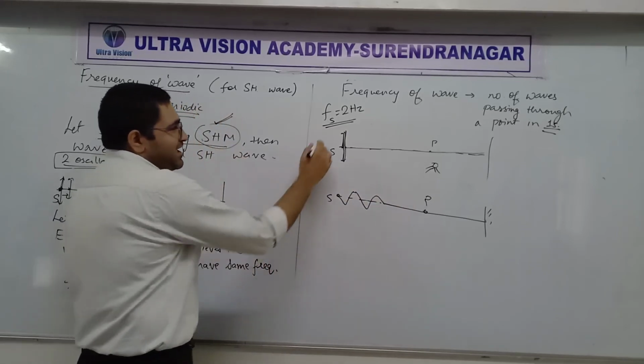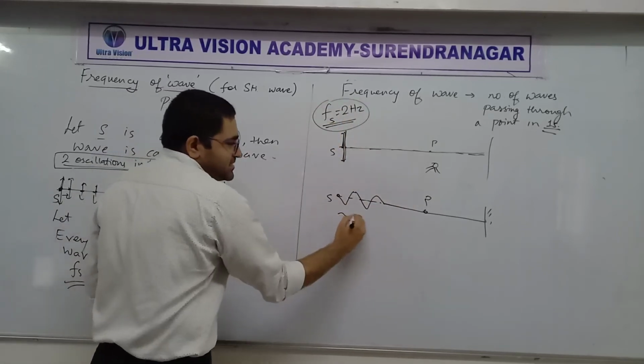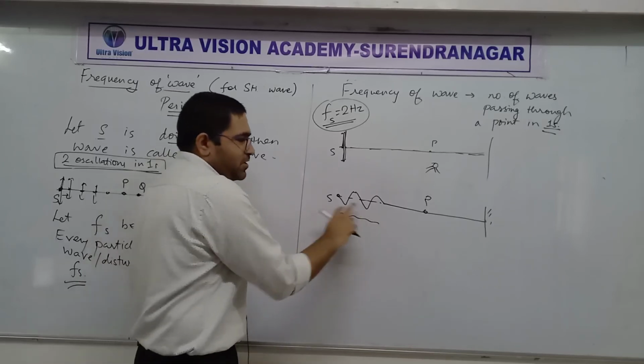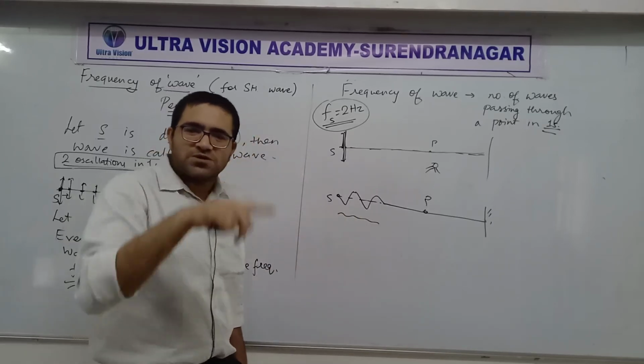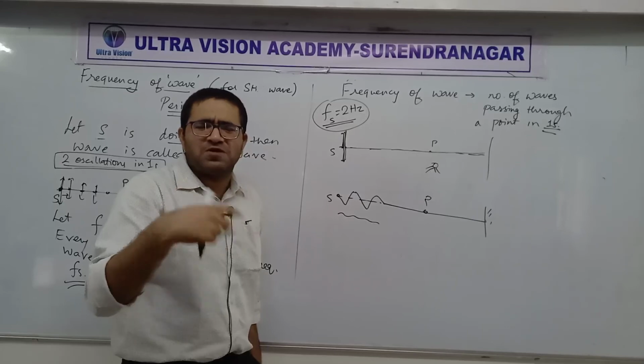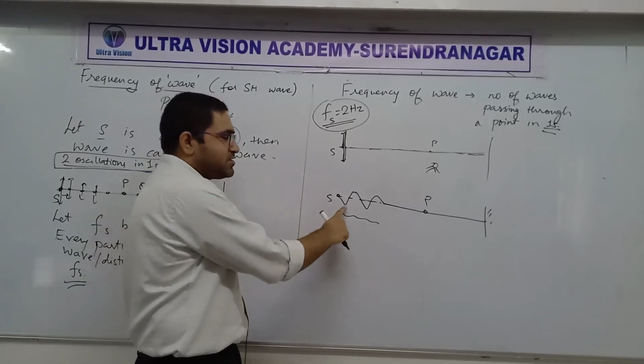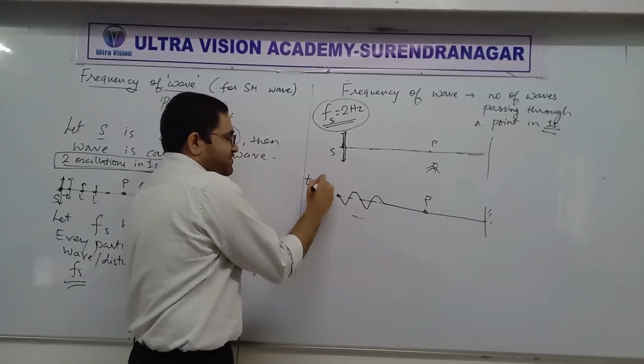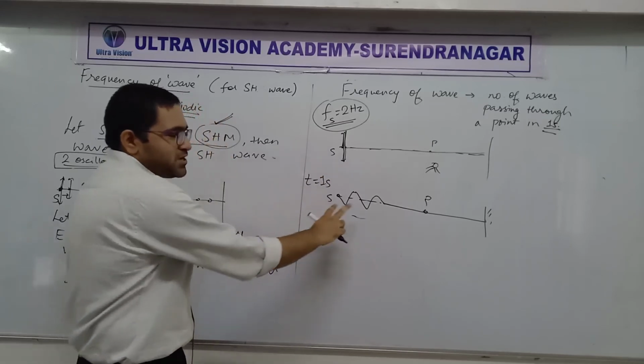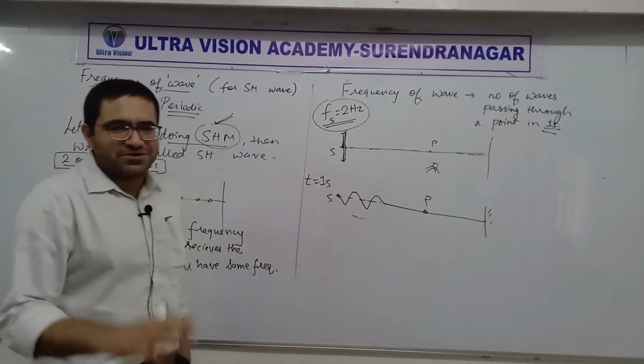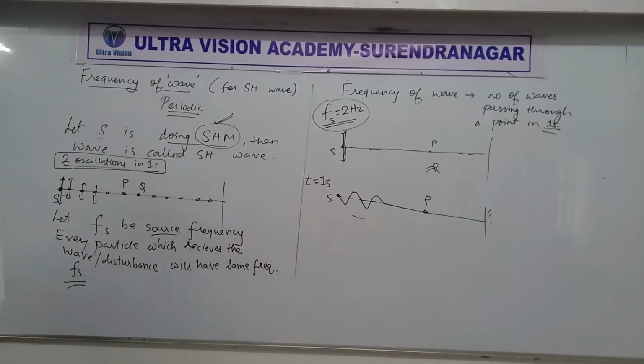So do you realize that every second on this string, 2 such wave patterns will be generated. Correct or not? On this string, every 1 second, 2 such patterns will be generated. Correct?